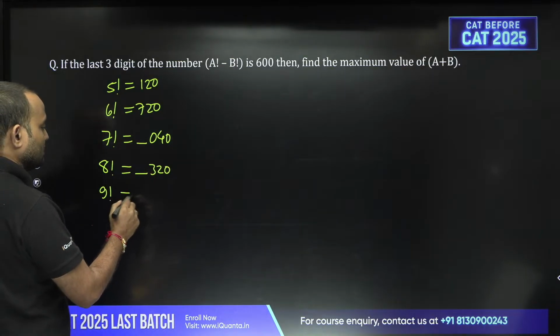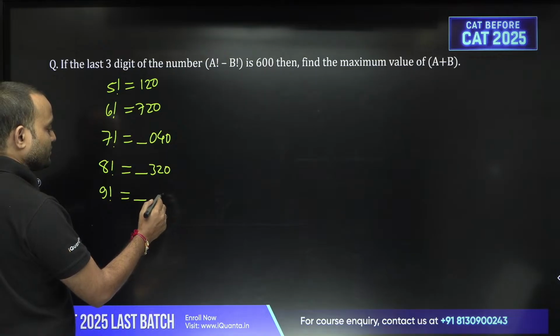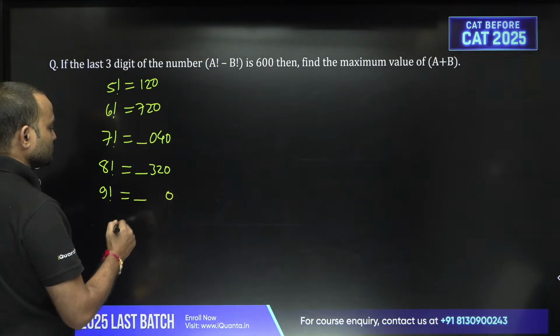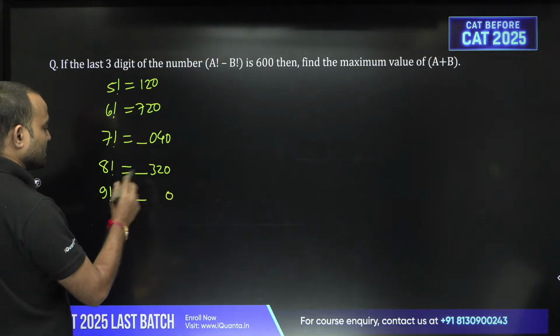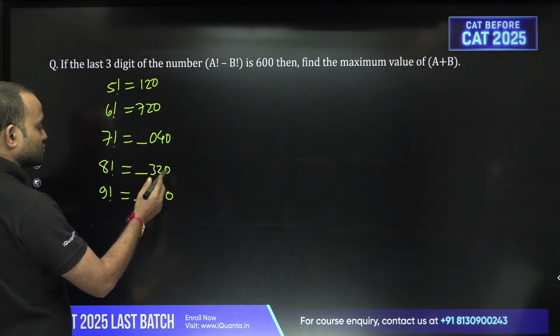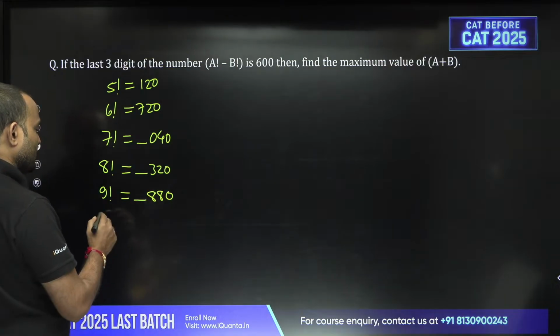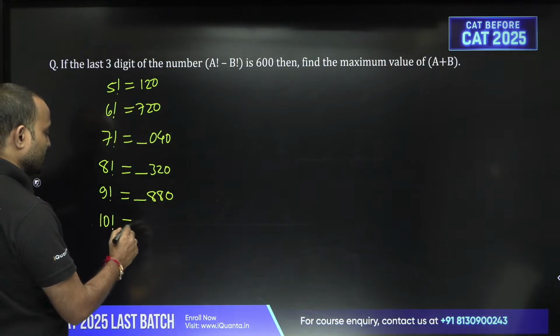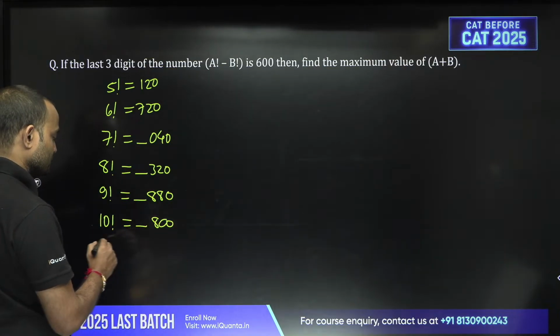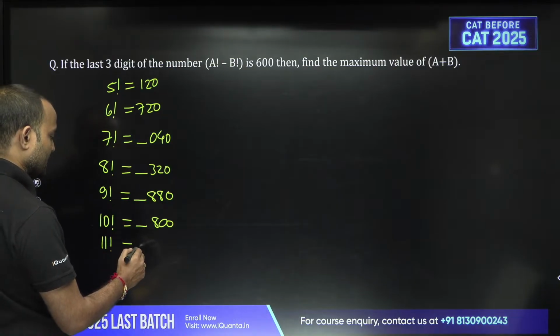Multiply this by 9: 27 plus 1, 8, right? And then 10 factorial will end with 800. 11 factorial will end with again 800, right?